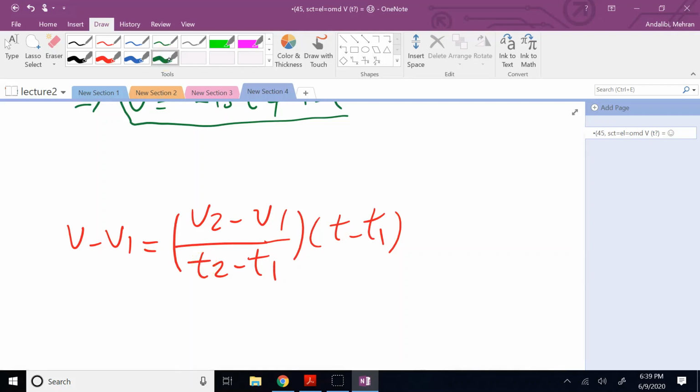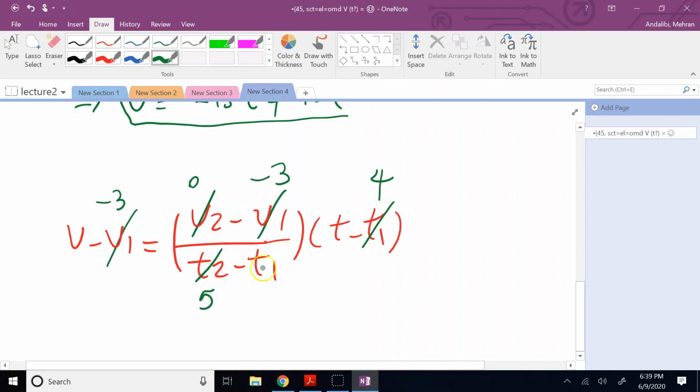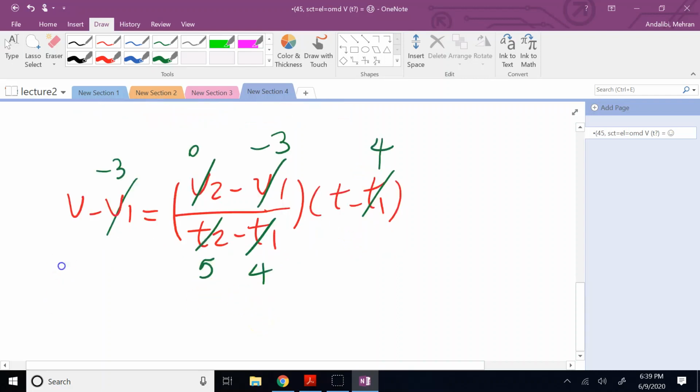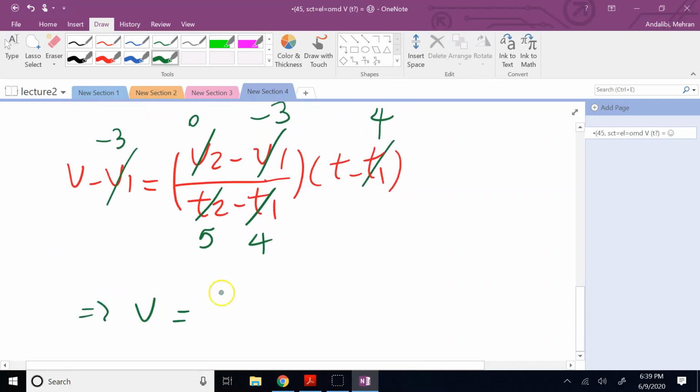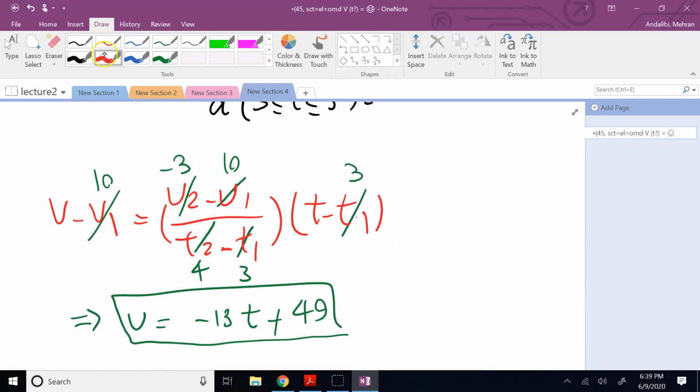In this case, v1 is negative 3, v2 is 0, t1 is 4, and t2 is 5. If you simplify this, the slope is going to be positive 3, so it's going to be 3 times t, that is negative 12 minus negative 3, negative 15. Now if I plug in 5, it gives me 0. If I plug in 4, it's negative 3, which is right. So 3t minus 15.